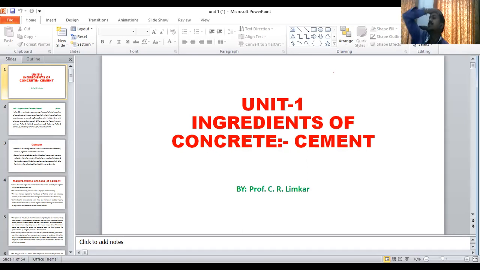See, the specific gravity of PPC always lies between 2.95 and around 3, whatever the cement that they are using. Okay, around 2.9 to 3, generally around 2.95 for PPC, while for OPC it is taken as 3.15.